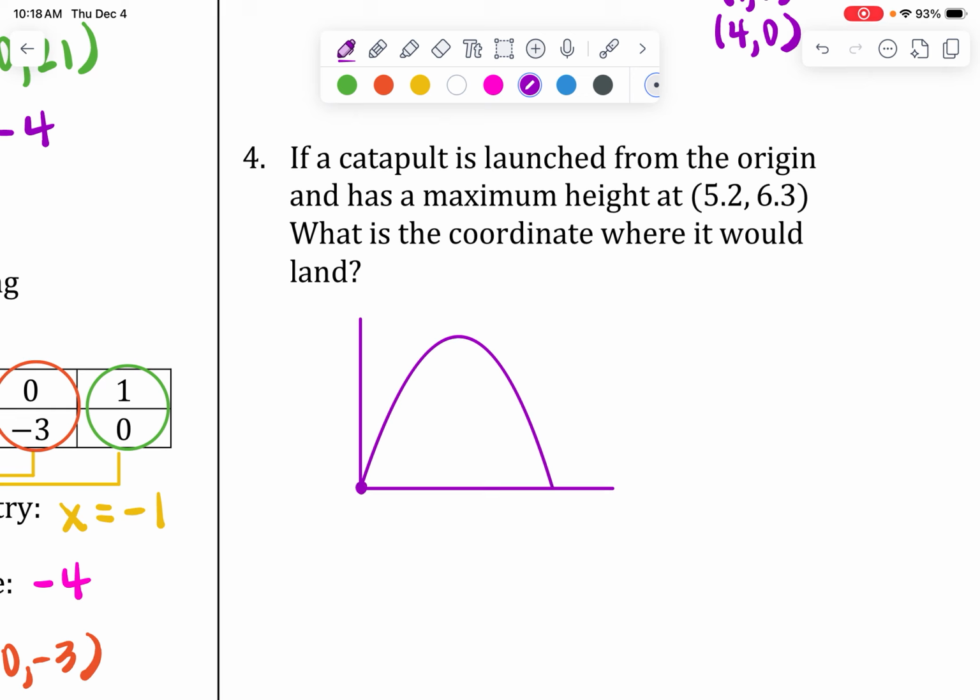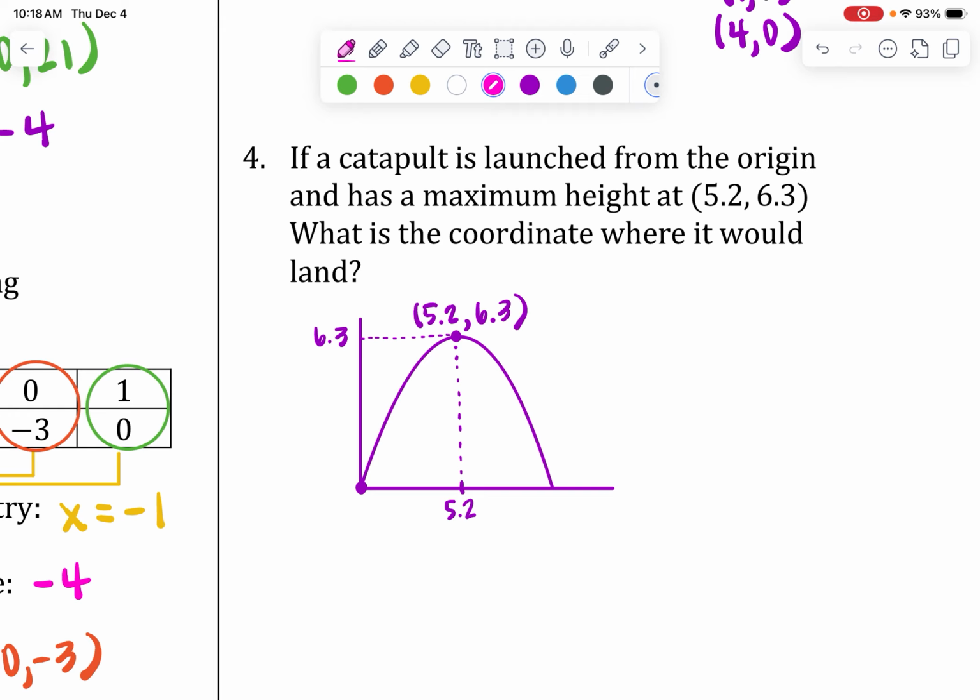It's going up, it's hitting its maximum right here, which is 5.2, 6.3. That means this mark is the 5.2, and this height is the 6.3. Just making sure we know where our x's and y's are.